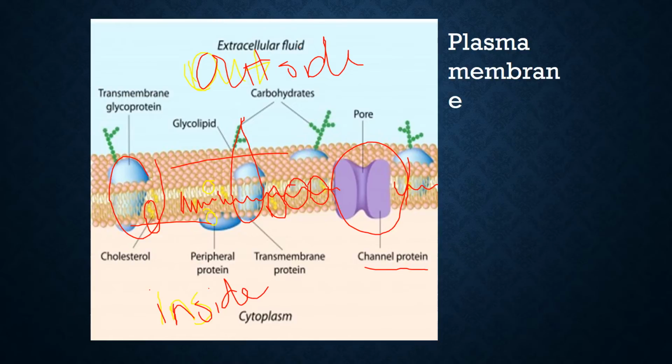What that does is allow for movement to certain areas. For instance, our white blood cells are able to squeeze through different capillaries, like through the epithelium, to get to where they need to go. And so that's very important. Otherwise, we might have blood clots that would occur.